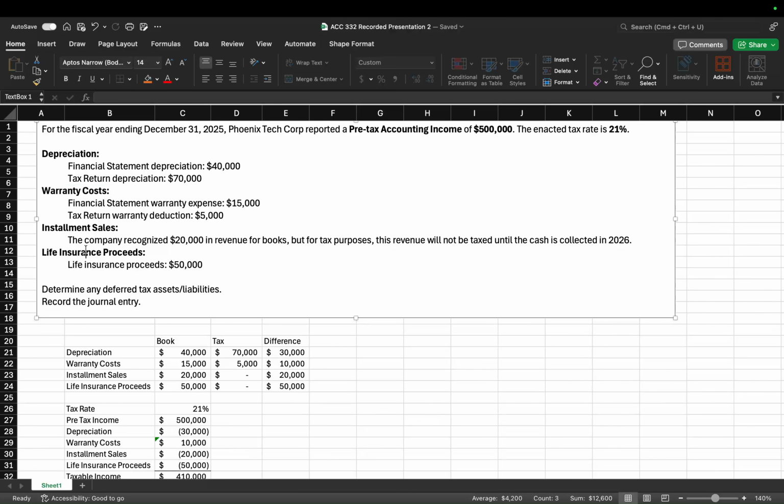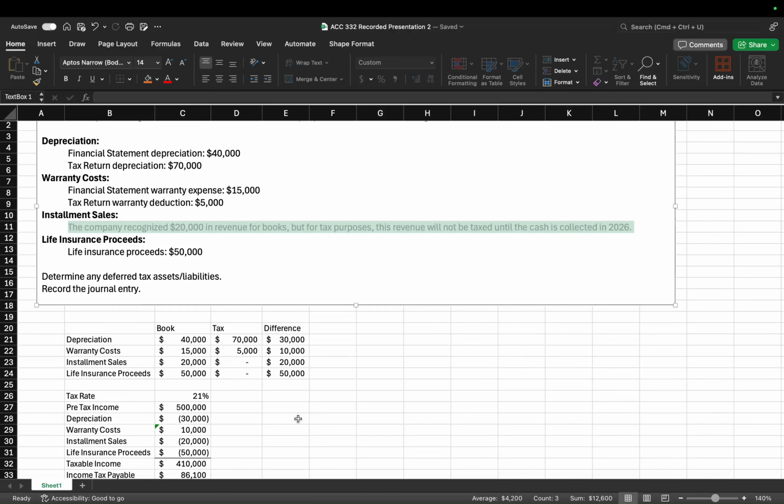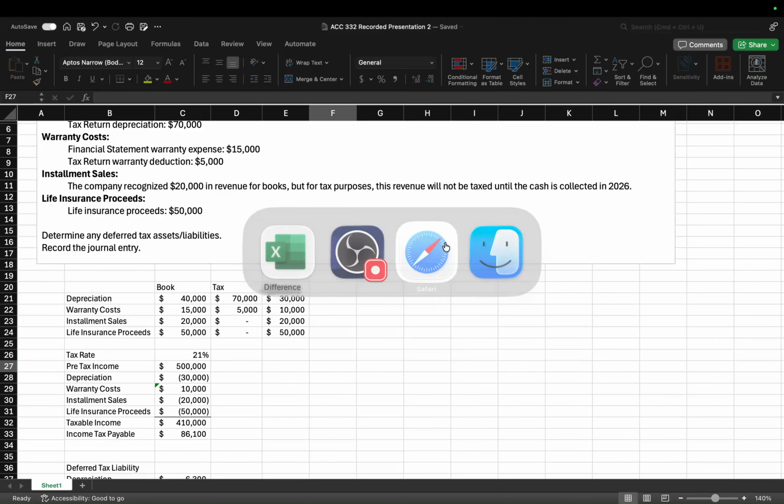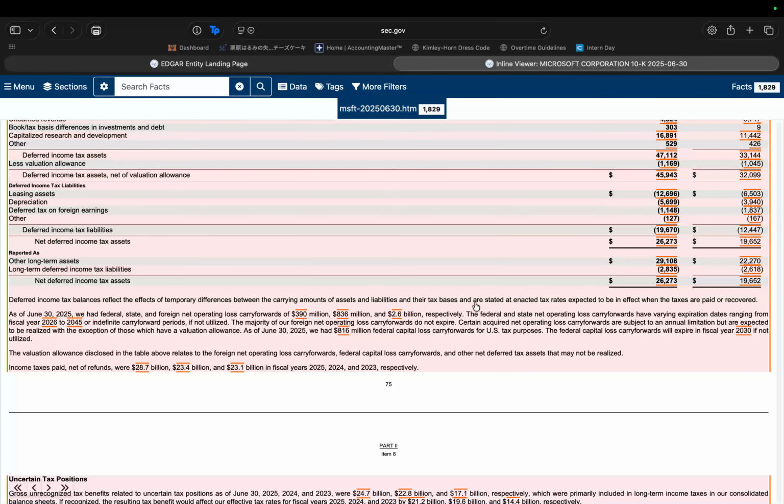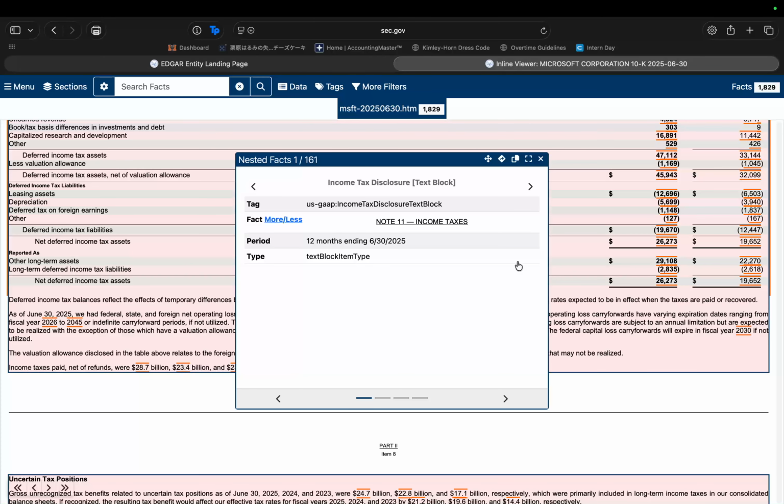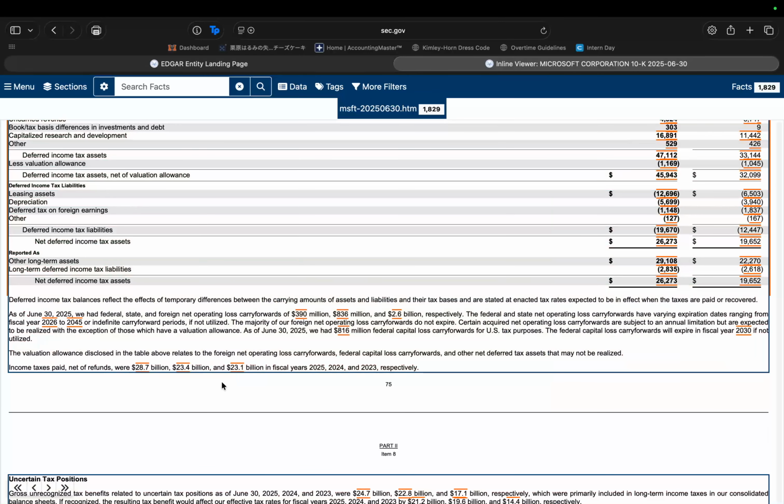Well, then for installment sales especially, we would actually multiply this 20,000 by 15%, because that's when the taxes will be paid on it, not 2025, which is based on the 21%. But that's essentially what this is saying at the end here. And yeah, that's my problem.